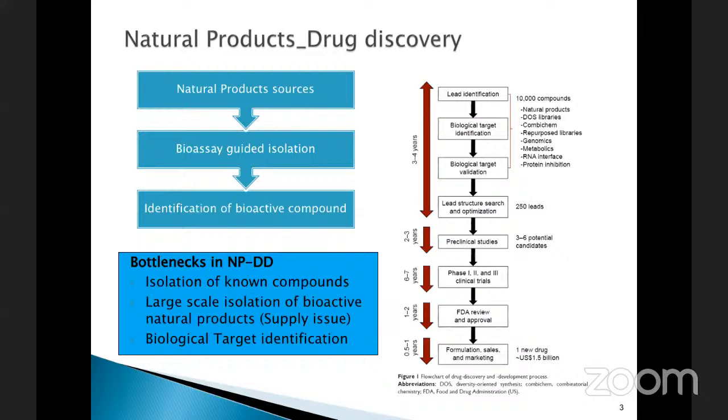Inhibition means they are trying to kill these microbes, these different compounds or different concentrations.